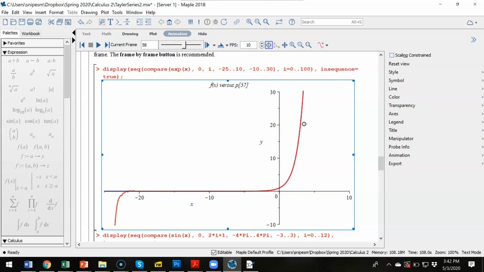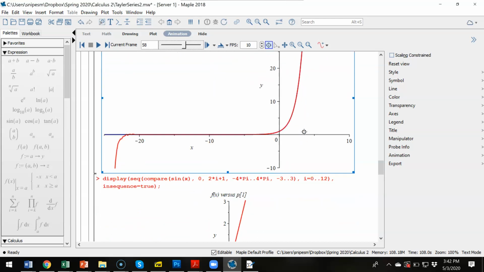And it's actually the case, we'll prove this in your handout and in the next video, that eventually, for any point on the x-axis, these Taylor polynomials will approximate the function value e to the x for all points x.